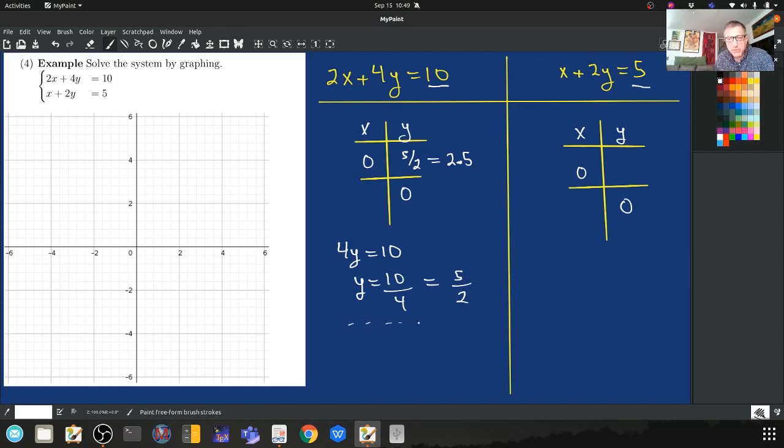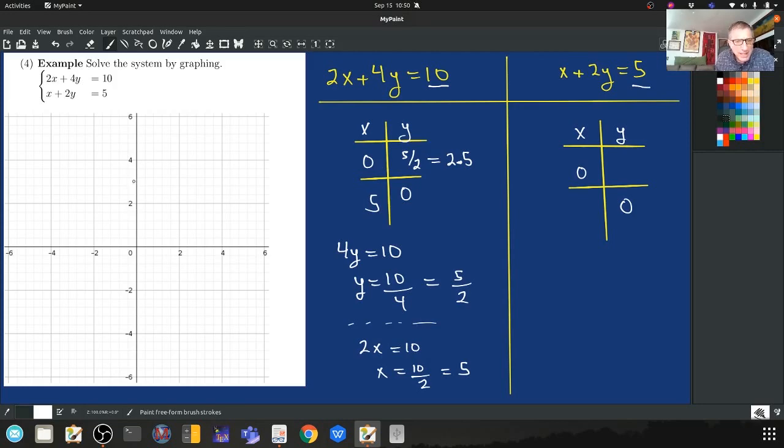And the next one is going to be 2x plus 4y is equal to 10, but y is 0. So that's going to give me 2x is equal to 10. Divide both sides through by 2. So that gives me x is equal to 10 halves, which is equal to 5. So here are my 2 points. Let's plot them. So 0 and 5 halves. 5 halves is 2.5.